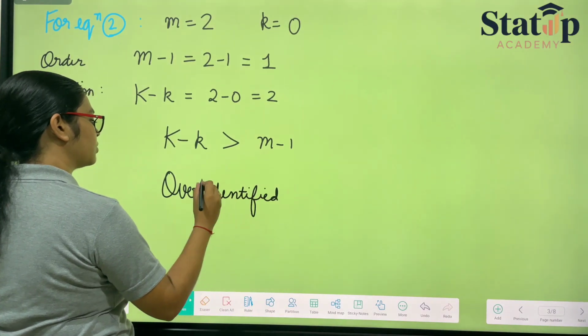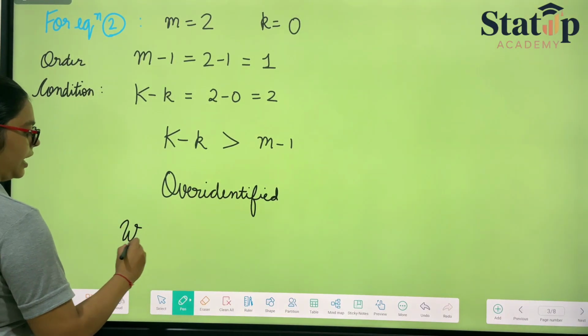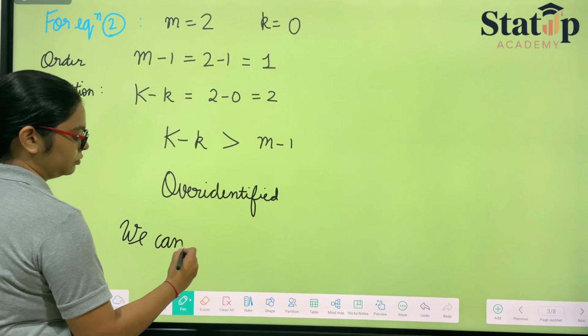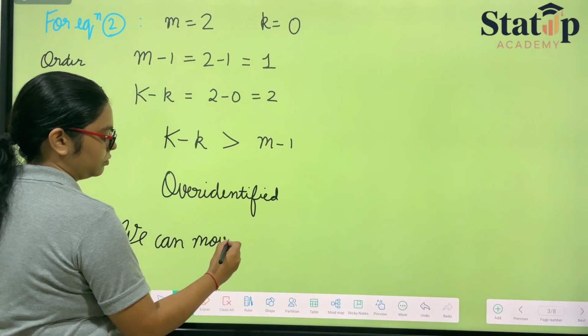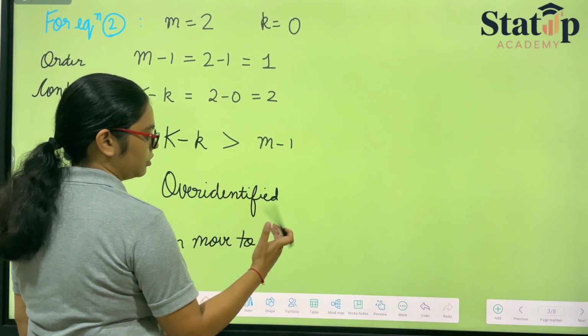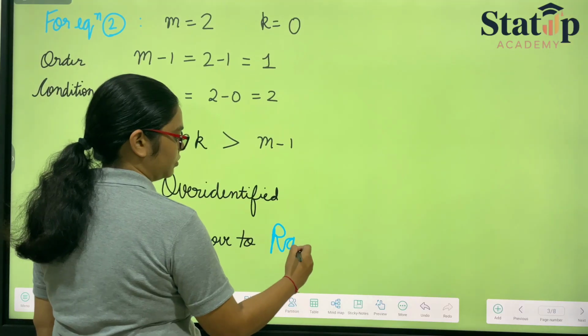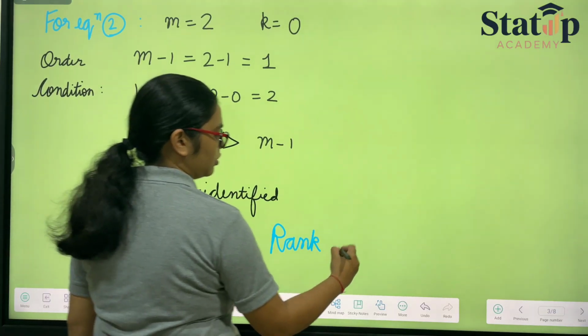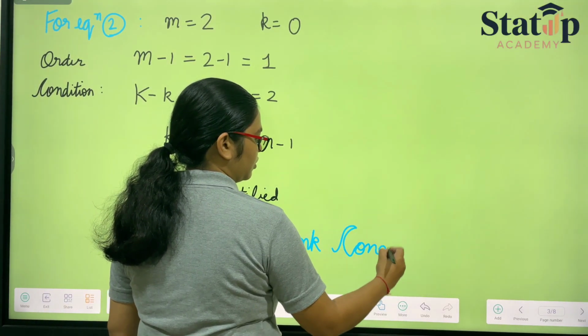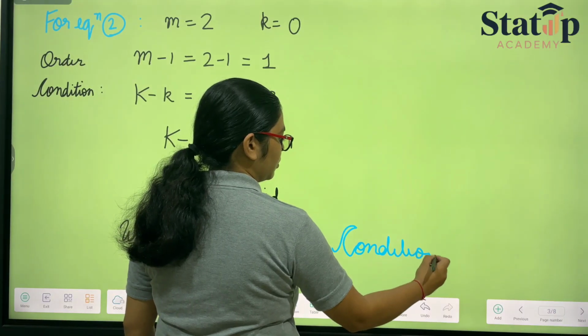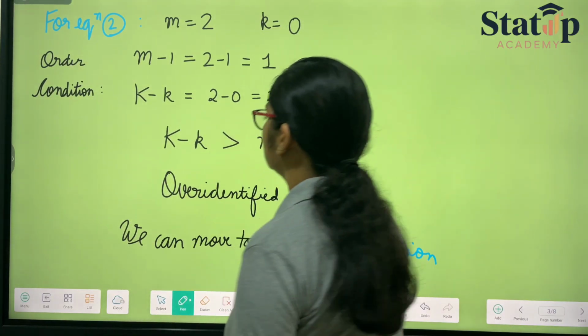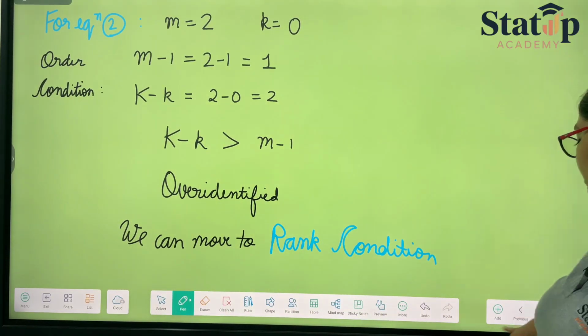And since our model is over identified, we can move to the rank condition.